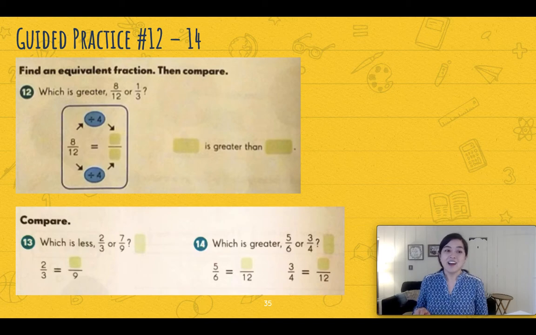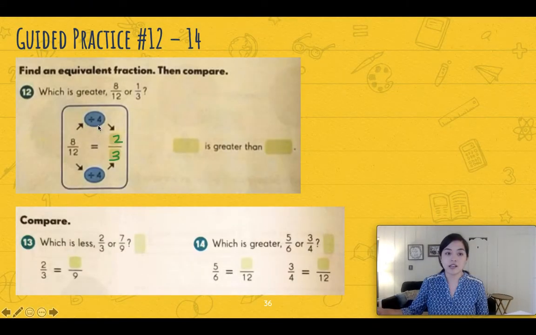Hey. All right, let's check 12. Which is greater, 8/12 or 1/3? So we're going to change 8/12 where the denominator will become a 3, okay? To do that, I'm going to divide my numerator and denominator by 4, and I get 2/3, okay? So now the two fractions that I'm comparing is 2/3 and 1/3, right?